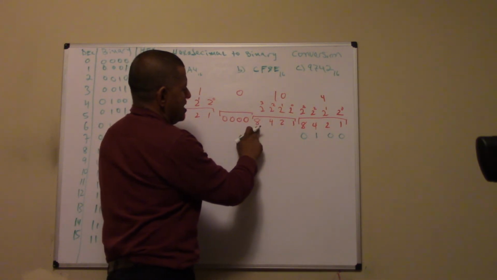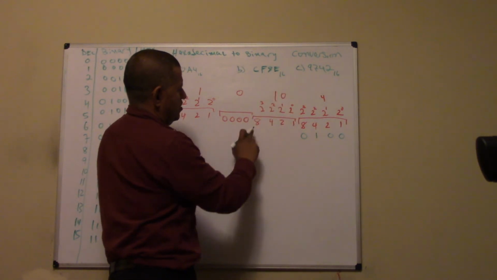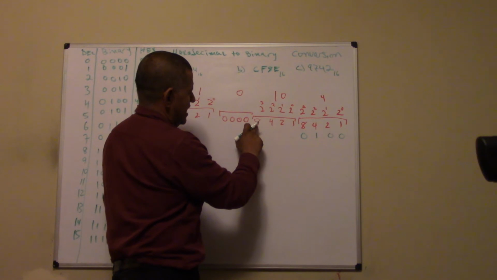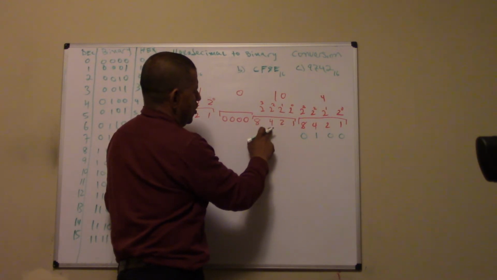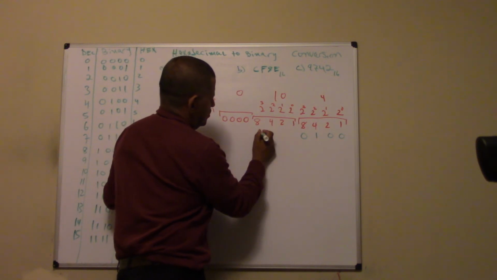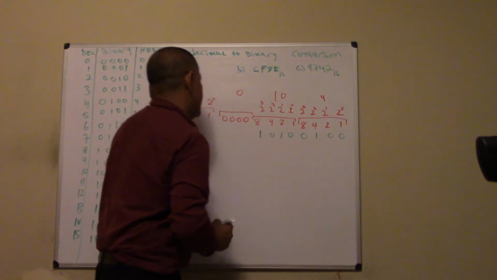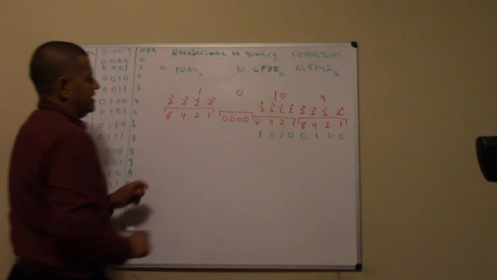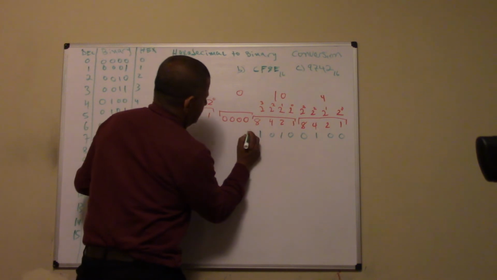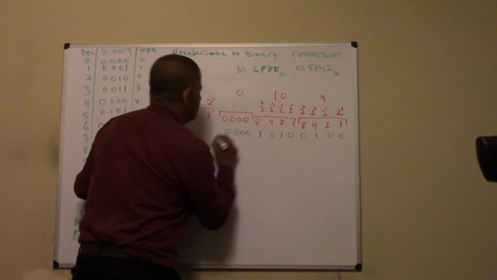So how do we get this hexadecimal to be 10? Well, it was 8 and 2, right? So that means the 4 and the 1 are off. So it's 1, 0, 1, 0. And actually you can go back here and look at 10. It's 1, 0, 1, 0, right? So these zeros, just bring them down. 0, 0, 0, 0.